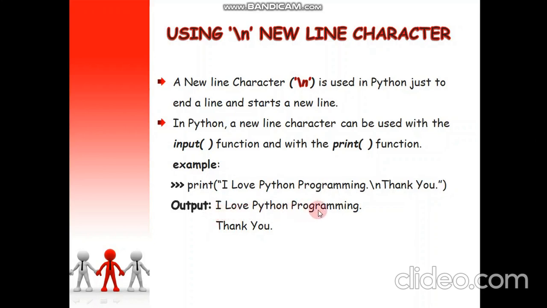I love Python programming. And now there is a change, or we can say there is a space of one line, and in the next line the rest of the line will print, thank you. So you can see that this \n puts a vertical space in between the two strings which are written in the print statement.